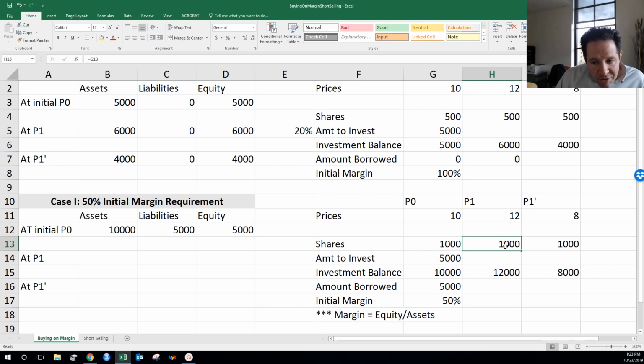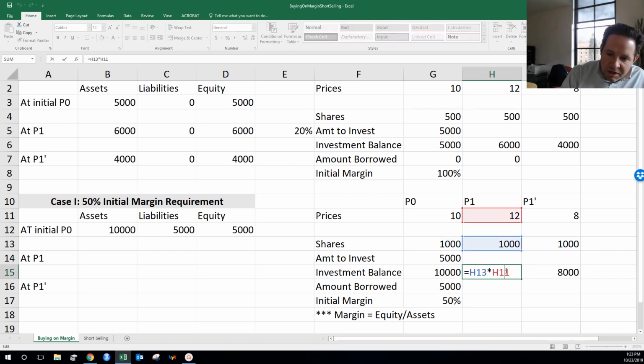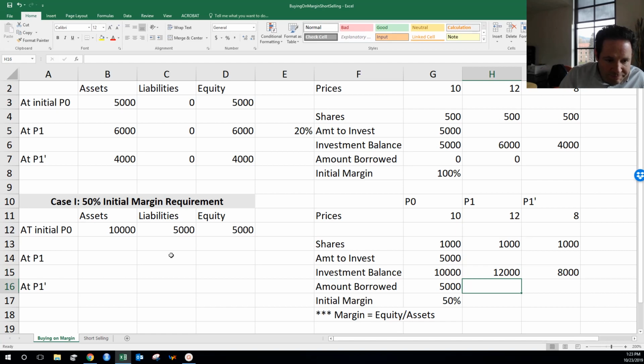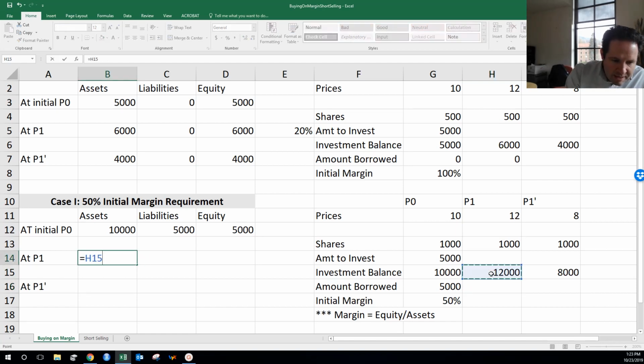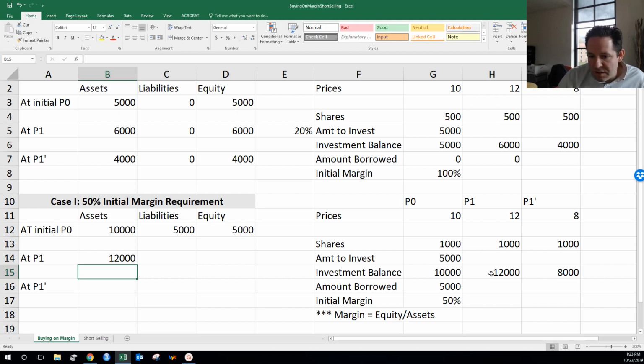I still have 1,000 shares. Those 1,000 shares now become worth 12 times 1,000, now $12,000. So we can see that changes my assets to be $12,000, and so that's gone up by 20%.